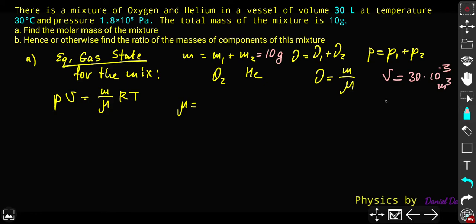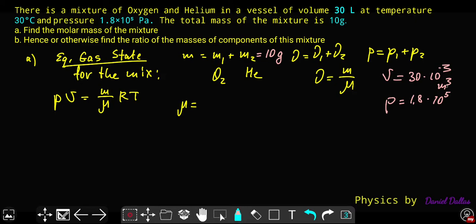And so we have the pressure. The pressure is going to be 1.8 atmospheres, or in pascals it's going to be 1.8 times 10 to the power 5 pascals, and that's enough. So we express molar mass as mRT over PV.